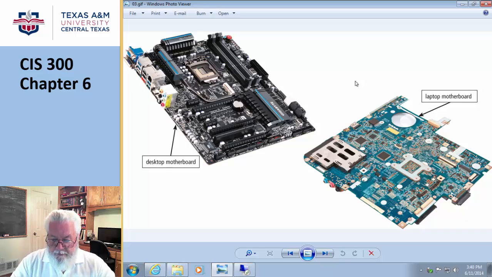Okay, so they have multi-core processing, which means inside the chip, and chips are about 1.5 by 1.5 inches. Very thin, but not that big. Inside the chip, there are actually going to be multiple processors. I know it sounds weird.